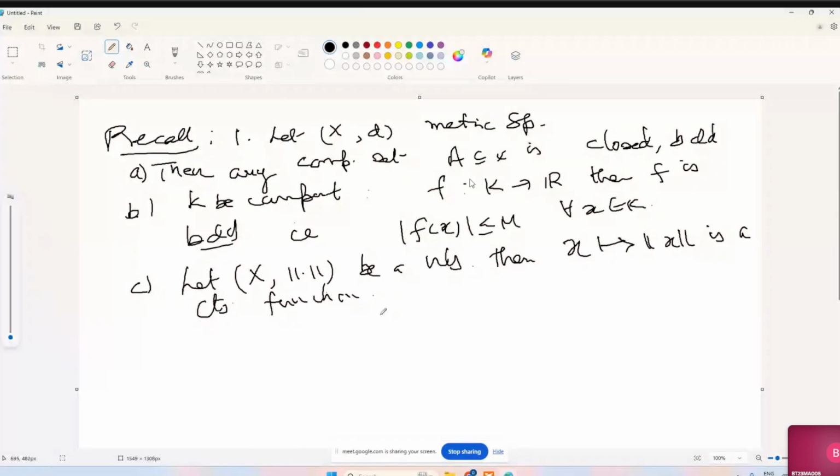Now, if K is compact, then the infimum of f(x) and the supremum of f(x), with x in K, exist and are finite.